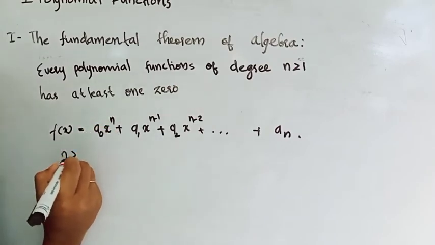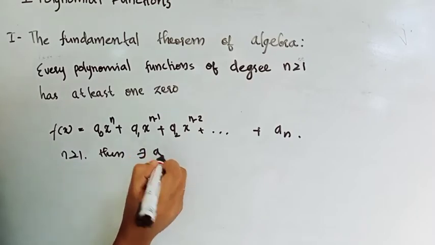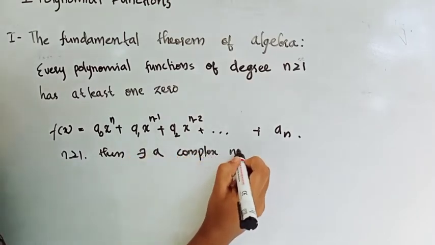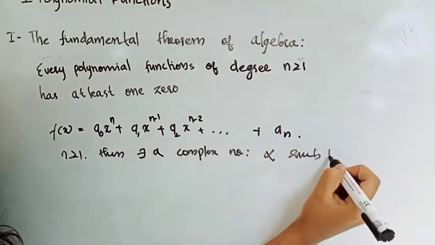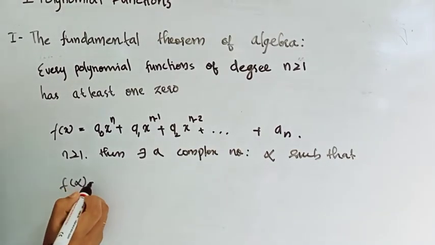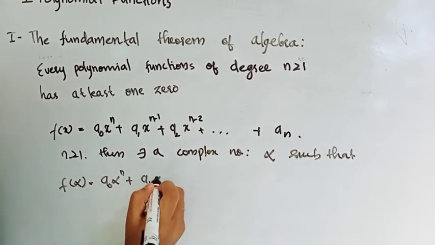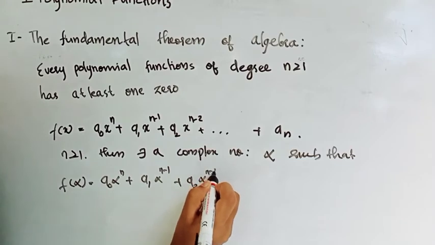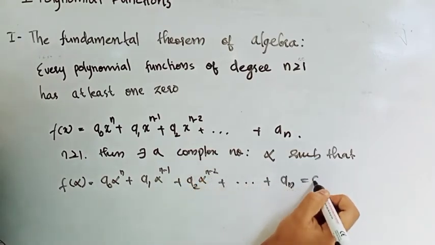If n is greater than or equal to 1, then there exists a complex number alpha such that f of alpha is equal to a naught alpha raised to n plus a1 alpha raised to n minus 1 plus a2 alpha raised to n minus 2 plus etc. plus an will be equal to 0.